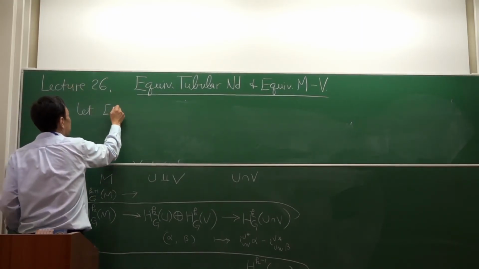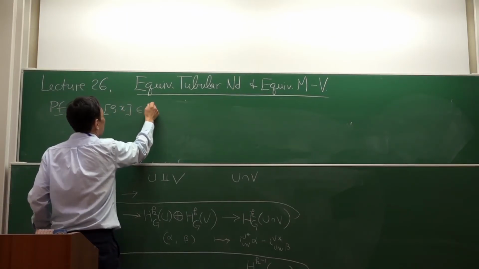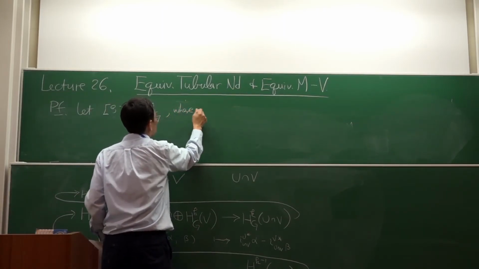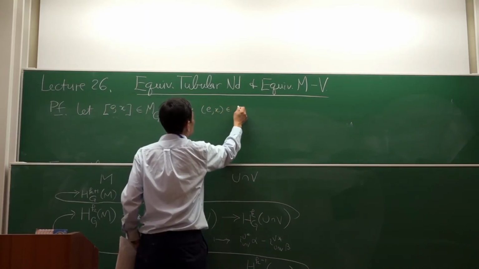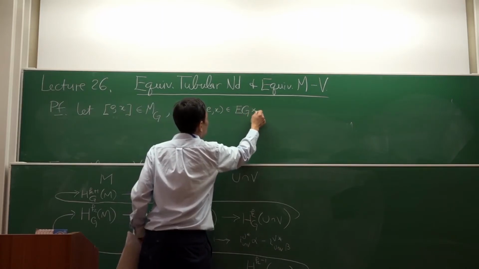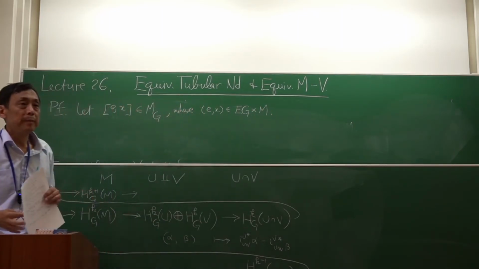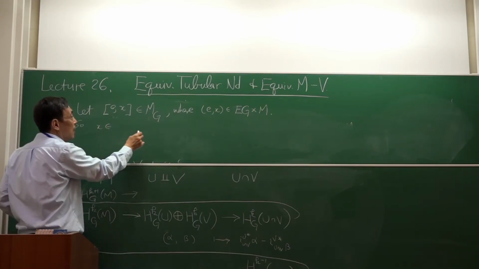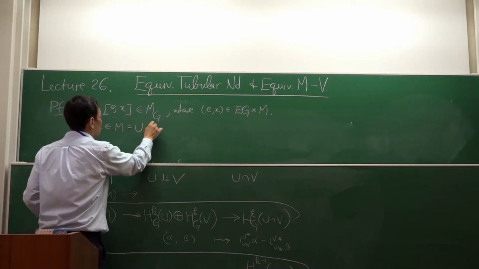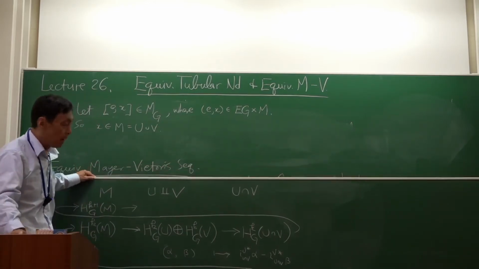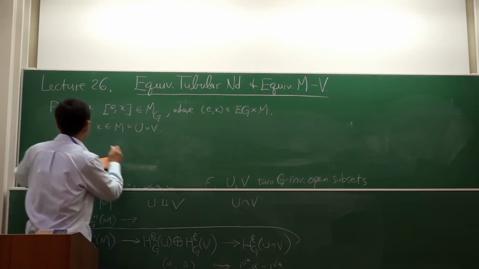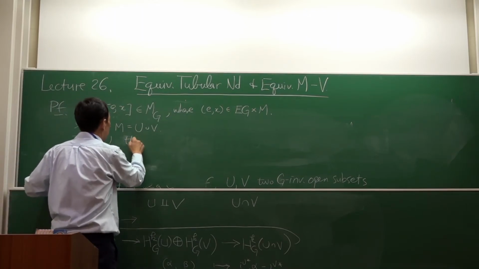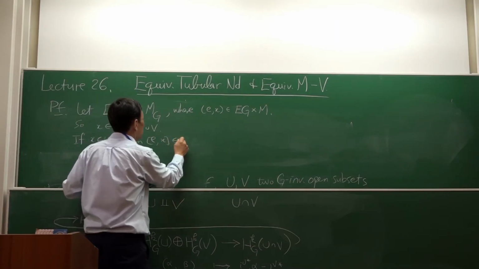Now a point in M_G looks like this: [e,x] is an equivalence class where (e,x) is in EG cross M. And x is in M, which is U union V, and therefore x is in U or V. If x is in U, then [e,x] is in U_G.